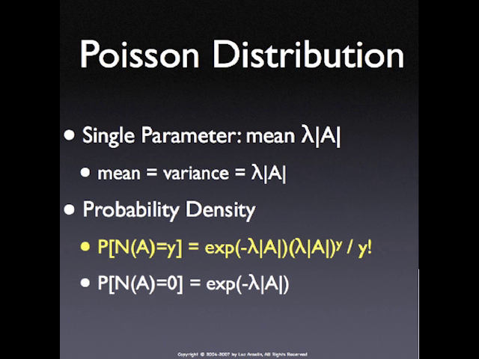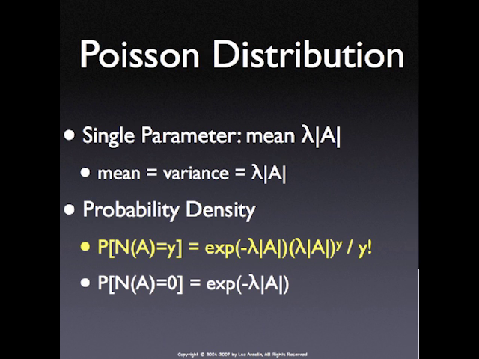And it's a discrete distribution, so it's not continuous. So it's a distribution that gives you the probability that any discrete value occurs. So the probability you have no events in a specific area. The probability you have 1, 2, 3. And how you get that is by plugging the number of events, this y here in this expression, into the expression on the right-hand side.